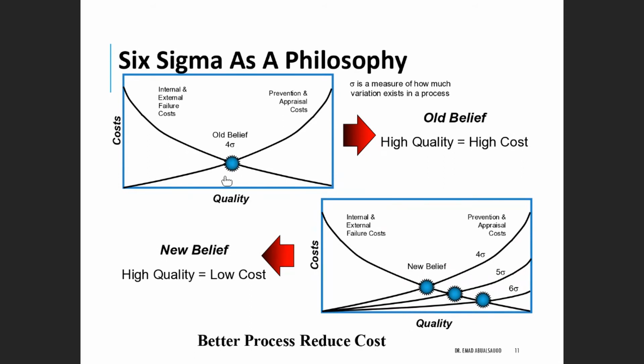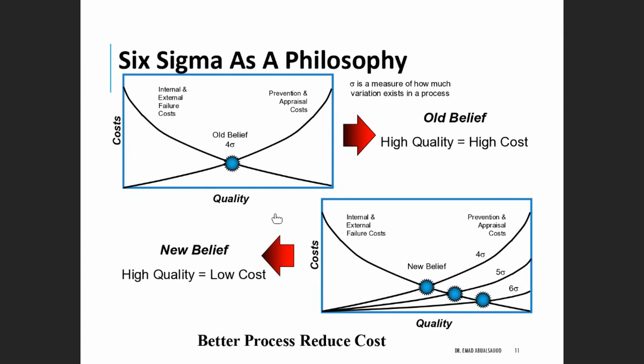We cannot say this is absolutely wrong, but we cannot take it as an absolute, because it doesn't mean this is the right concept. The right concept is to have high quality and low cost. If you are having high quality and high cost, that means there is something that needs to be improved in your organization.